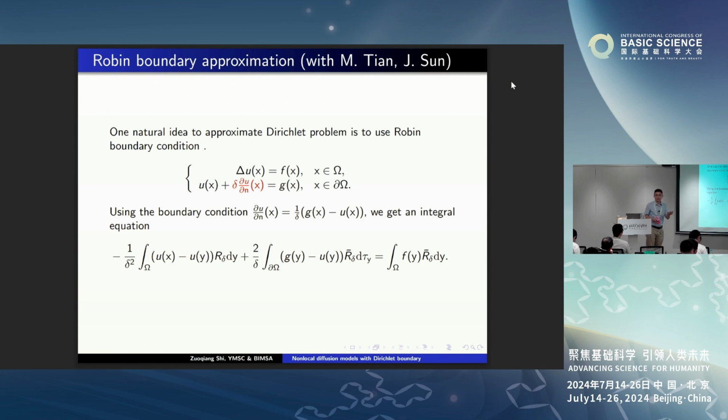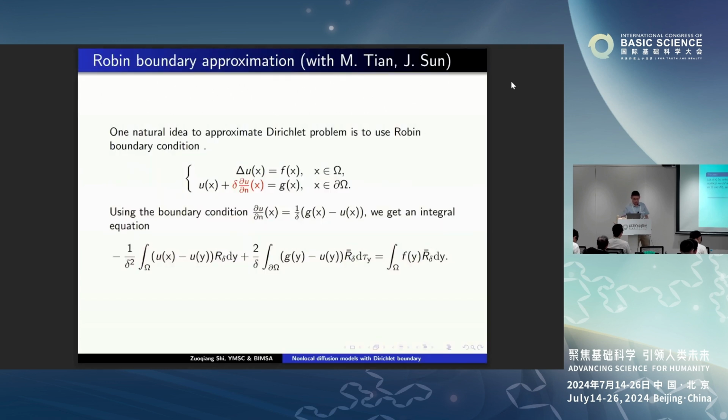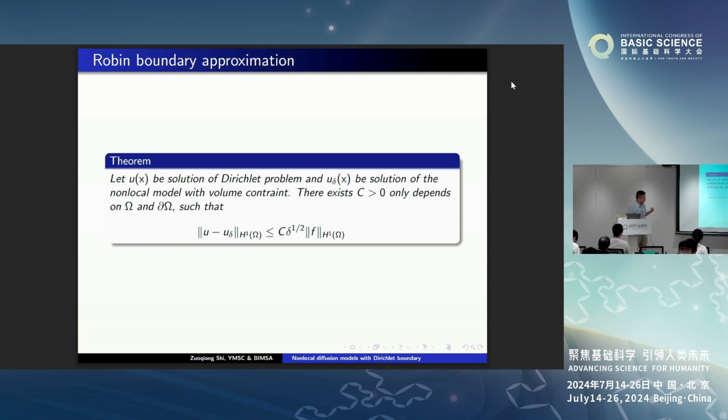We do not know the explicit value of the normal derivative, so we solve it using u and just replace it into the original integral approximation. We can get this nonlocal model. Right? This is very simple. Just use the Robin boundary condition to approximate the original Dirichlet boundary condition. We can also prove that the convergence rate is square root of delta.